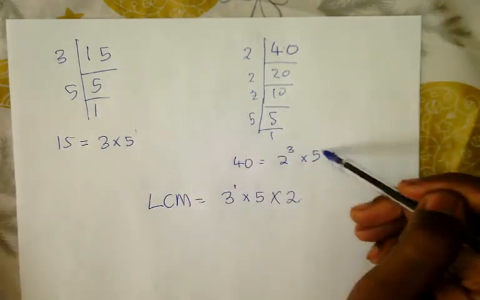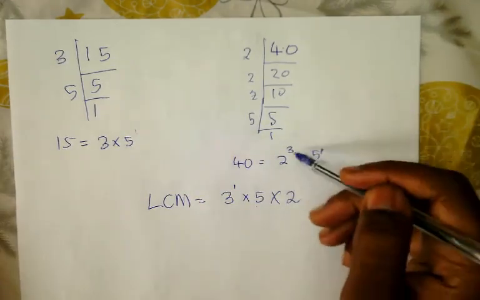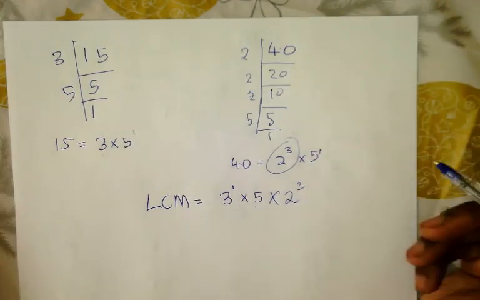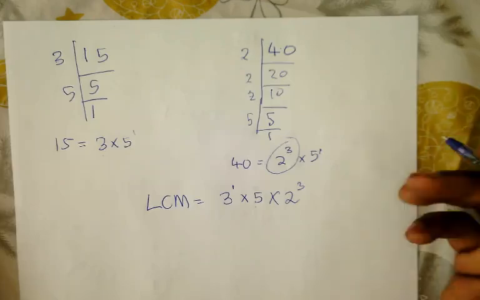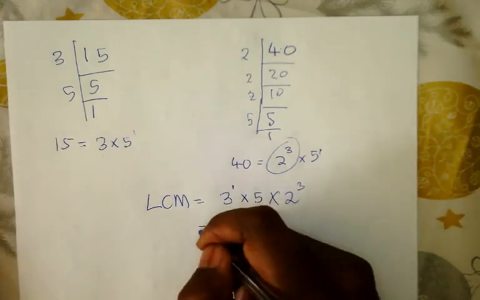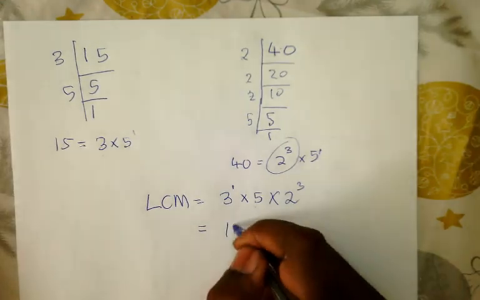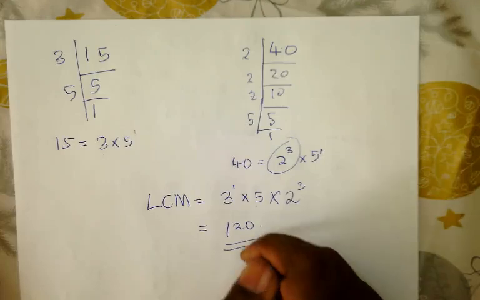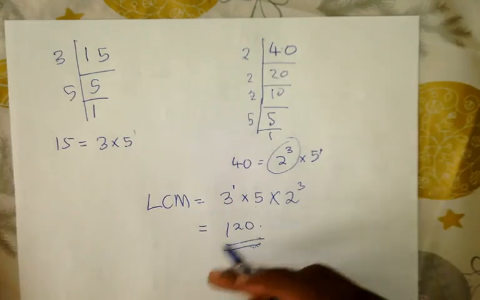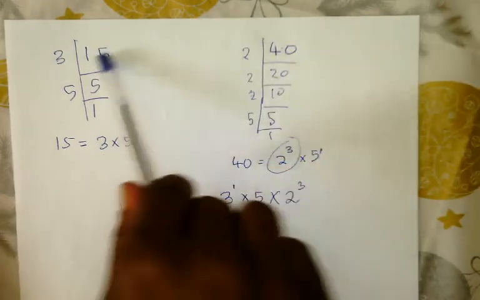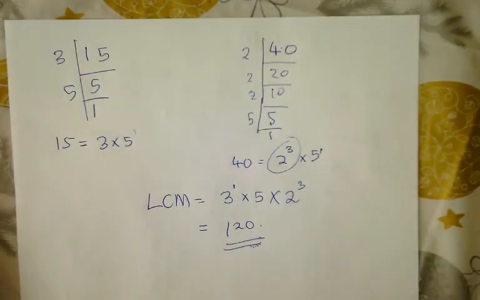This one has exponent 3, and that's the only one, so we're going to take that one. And then you can press that on your calculator. You get 120. So the first number to appear in both the multiples of 15 and 40 will be 120. Let's do one more question.